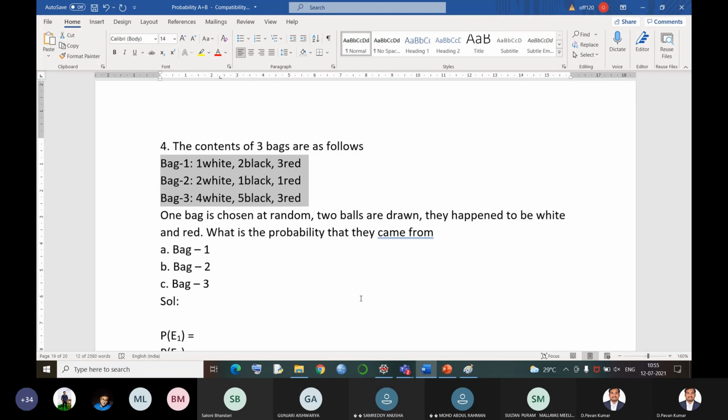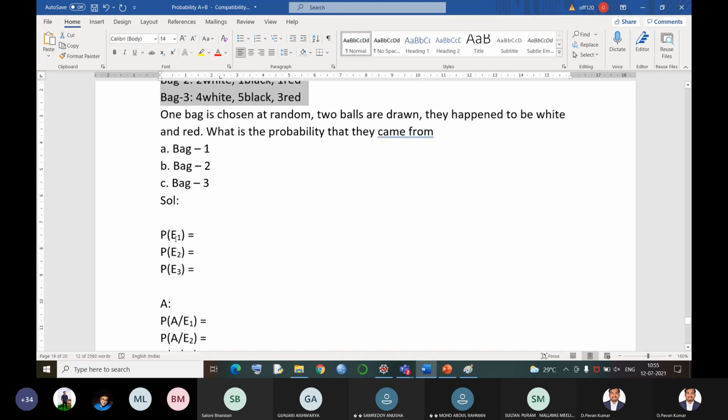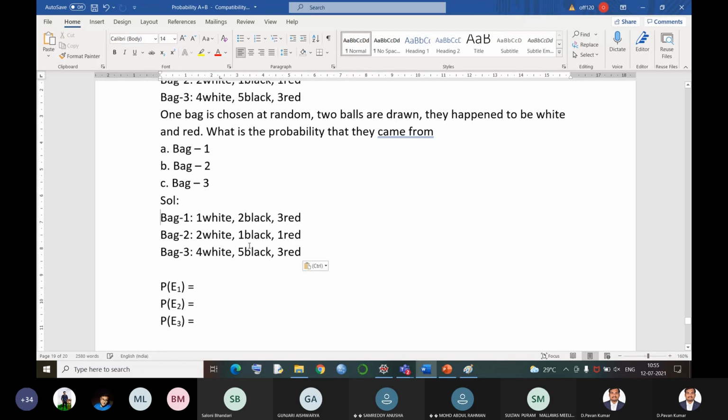Similarly, how many bags are given here? 3 bags are given. So the probability of selection of each bag will also be the same, that means 1 by 3. So P of E1, P of E2 and P of E3 will be 1 by 3 itself.